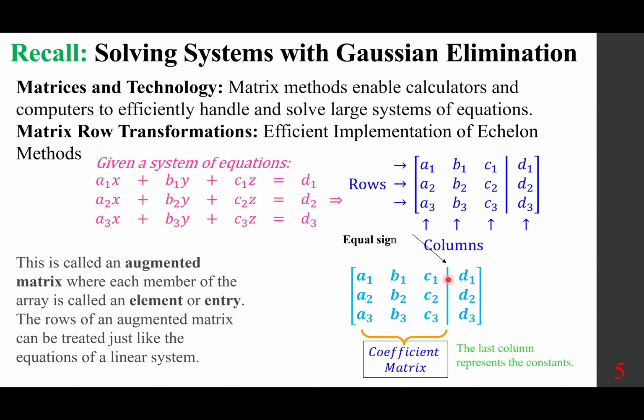This line segment, in essence, is the equal sign. That's why we are combining these two in this fashion. Each column on the left represents a different variable.